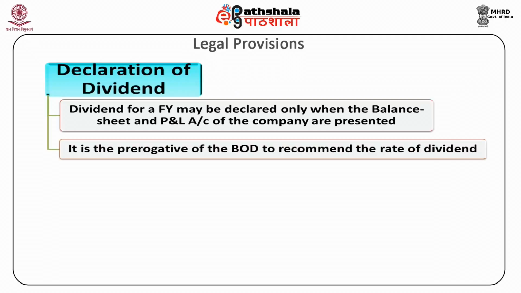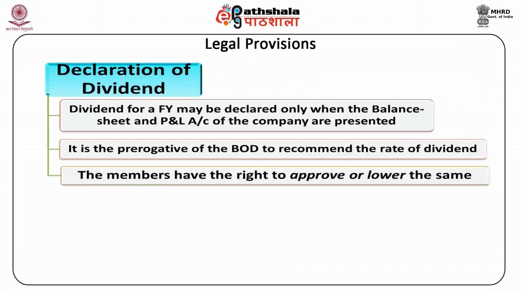B. It is the prerogative of the board of directors to recommend the rate of dividend to be distributed. C. The members have the right to approve or lower the same, but in no case can shareholders increase the amount of dividend recommended by the board.